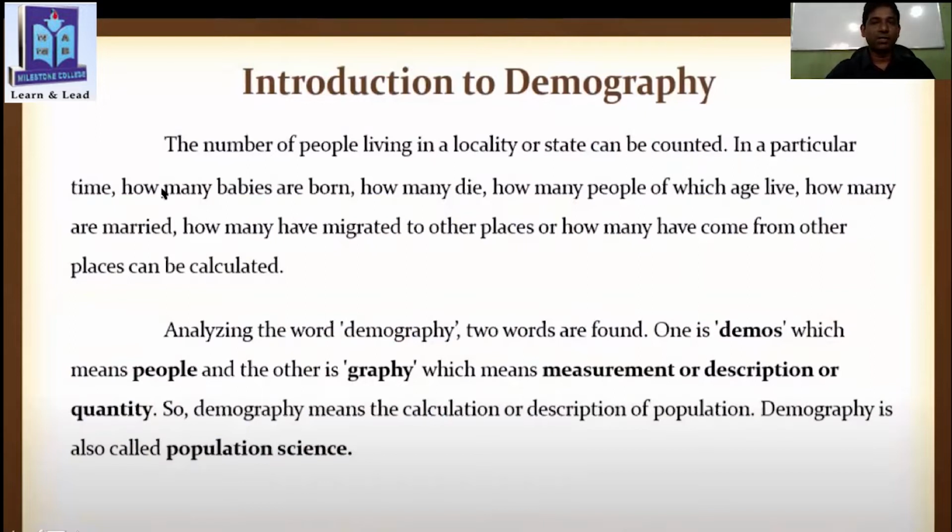In a particular time, how many babies are born, how many die, how many people of which age live, how many are married, how many have migrated to other places, or how many have come from other places can be calculated. Analyzing the word demography, you must underline this part or remember it. Two words are found. One is demos, which means people, and the other is graphy, which means measurement or description or quantity.